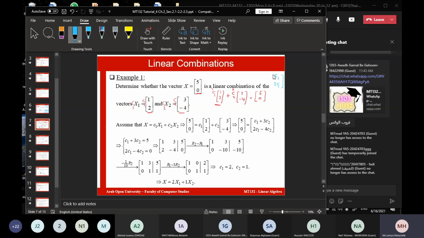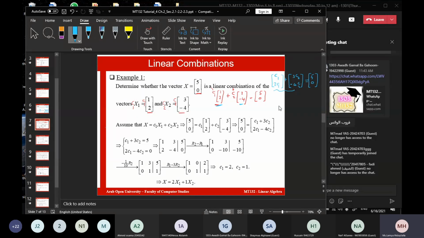Correct? This is the first vector. Plus, what is the second? 3C2 and here minus 4C2. Correct? This is equal to 5, 0.